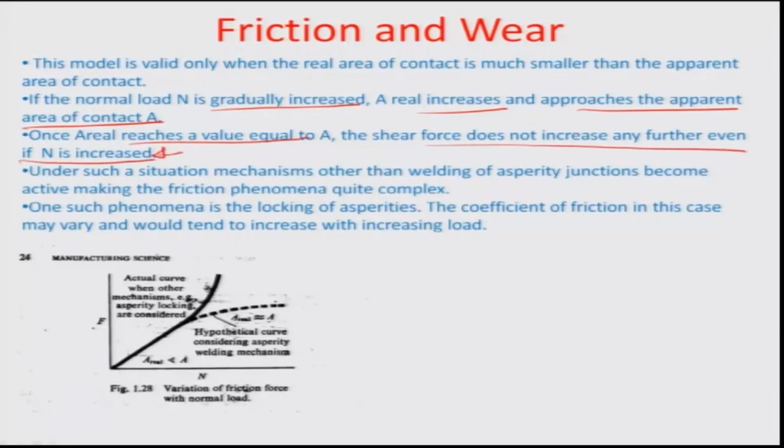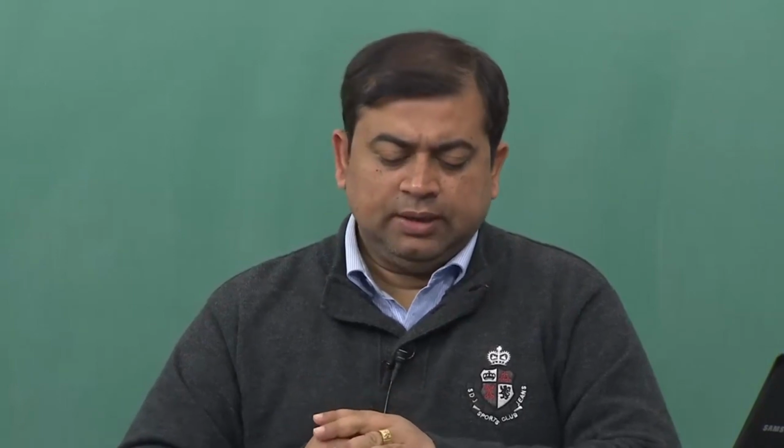In such a situation, there would be many other mechanisms which will come into play, like interlocking of the asperities, and maybe the local welds among those interlockings, which would result in a lot more different condition and a lot more unpredictable behavior in comparison to when this phenomenon, or this physics of asperity welding, is obeyed.